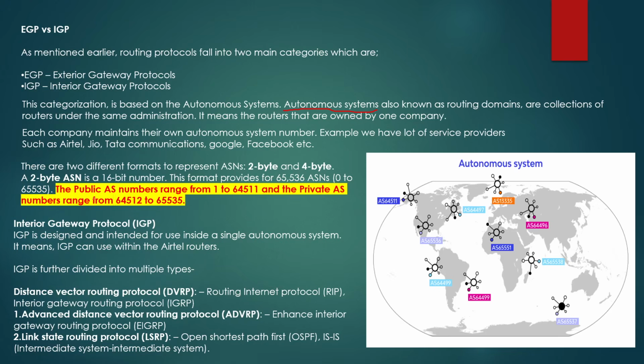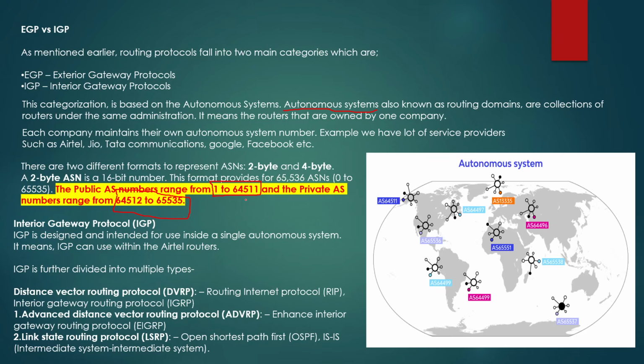The public autonomous system number range is 1 to 64,511, which means you need to purchase it from the IANA organization. The private range you can use internally: 64,512 to 65,535 are private ASNs.